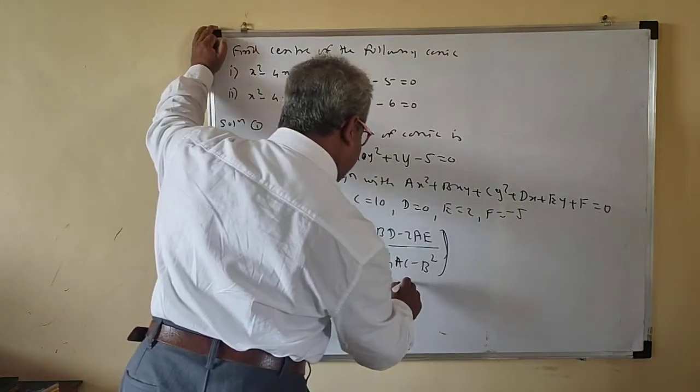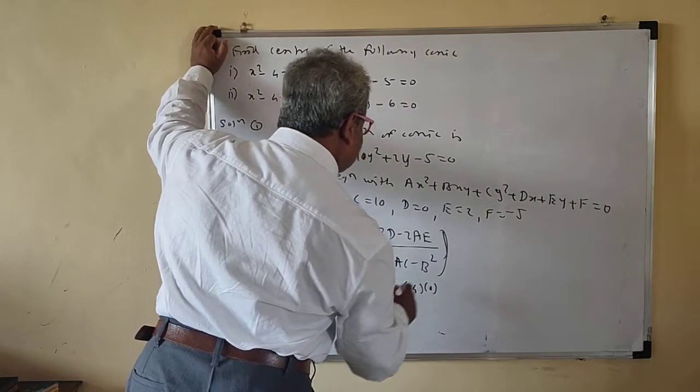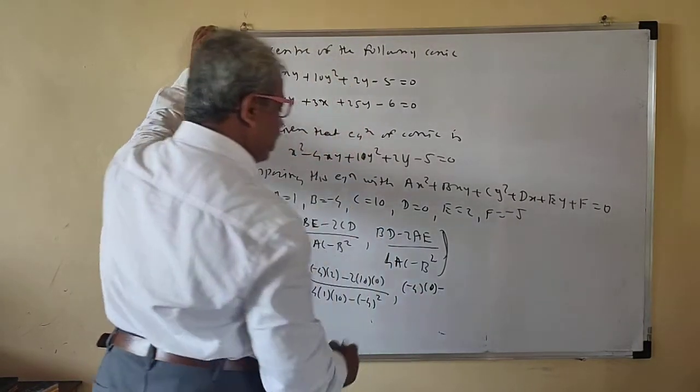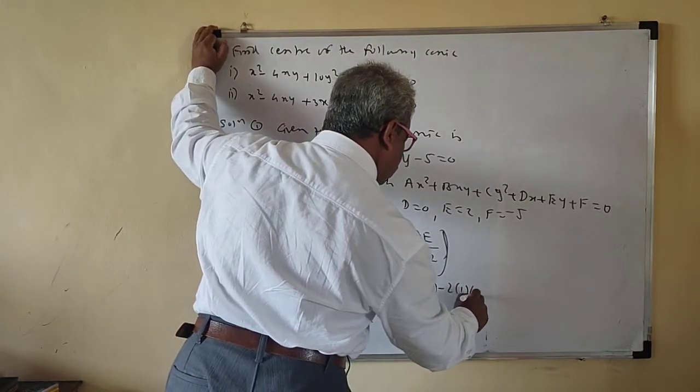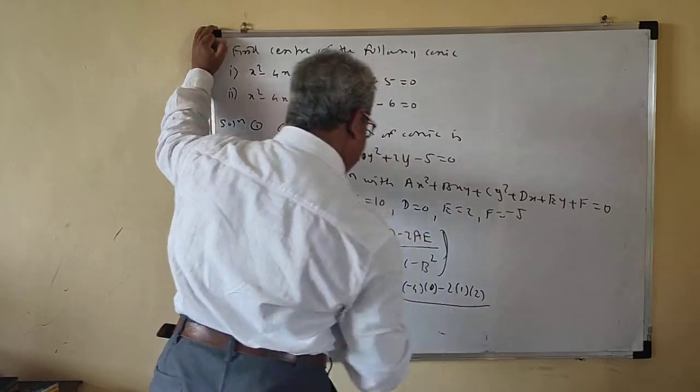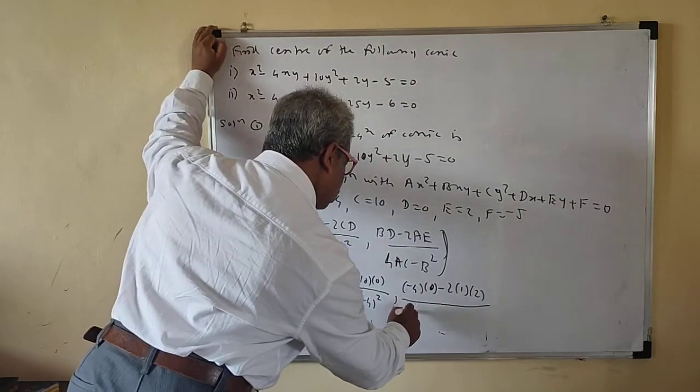Your B is minus 4, your D is 0, minus twice your A is 1 and your E is 2, upon. So just write this.